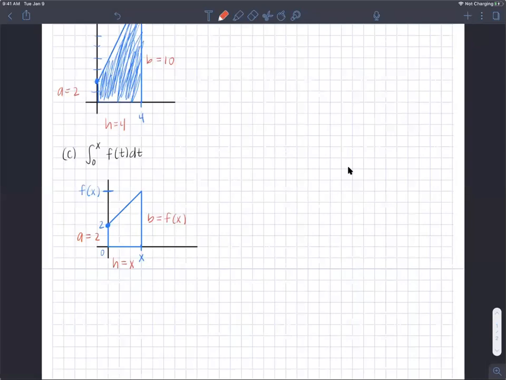And so when you find this integral from 0 to x of f of t dt, you're going to get 1/2 times the height, which is x, times A plus B, which is 2 plus f of x.